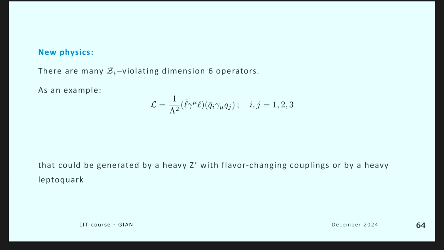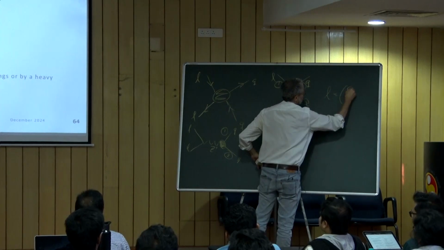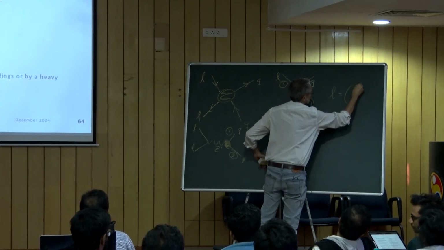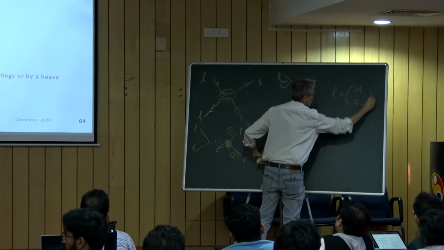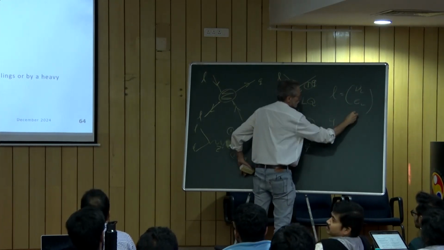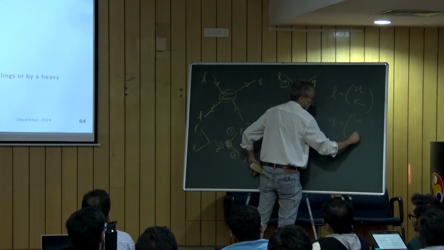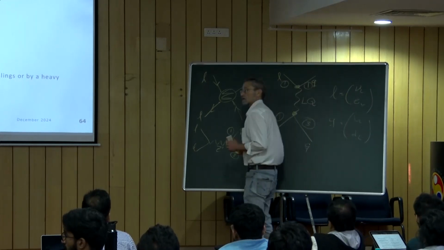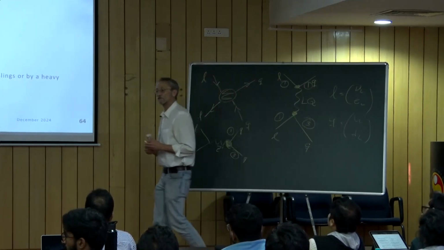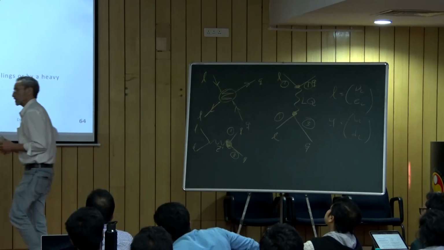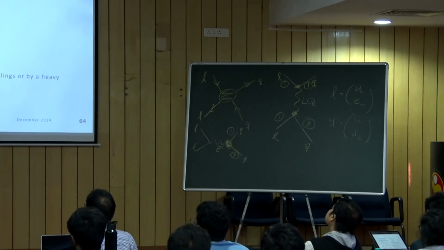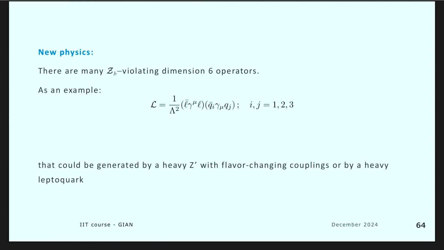L is, in our case, electron and neutrino, and the quark is up left, down left. So this operator, in fact, generates in itself many vertices.